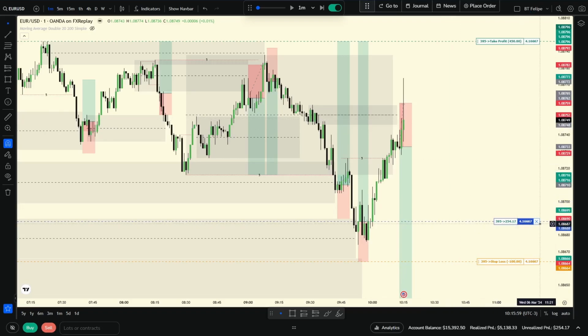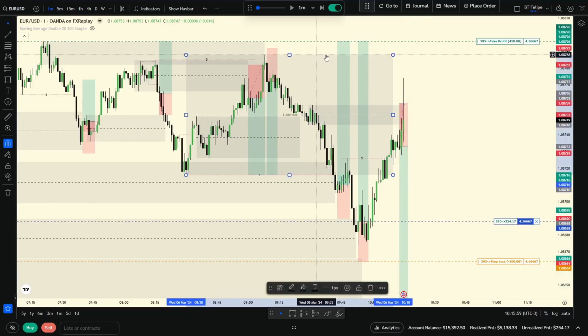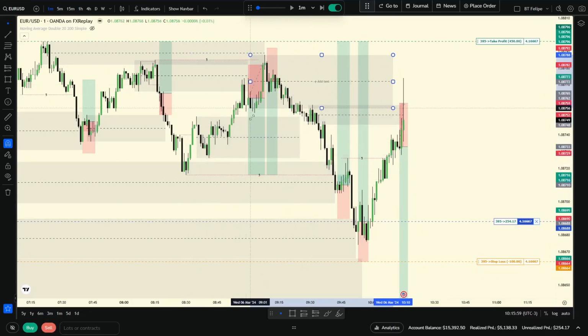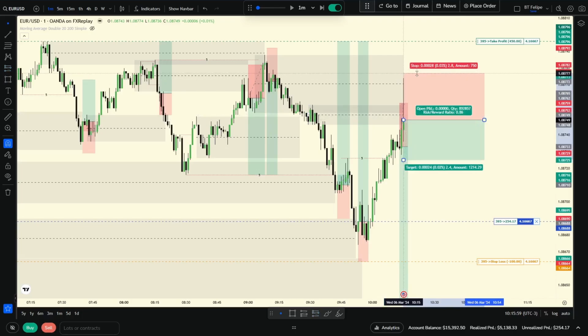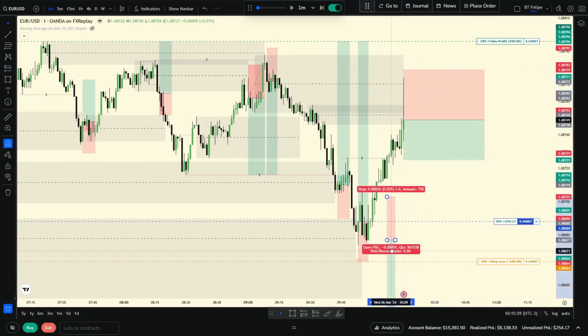I think I should close this one, because now price really tapped the 50%, which also aligns with this POI, took this liquidity, and it was in a better place to short. Tapped the 50% of this POI. We could try something like this.